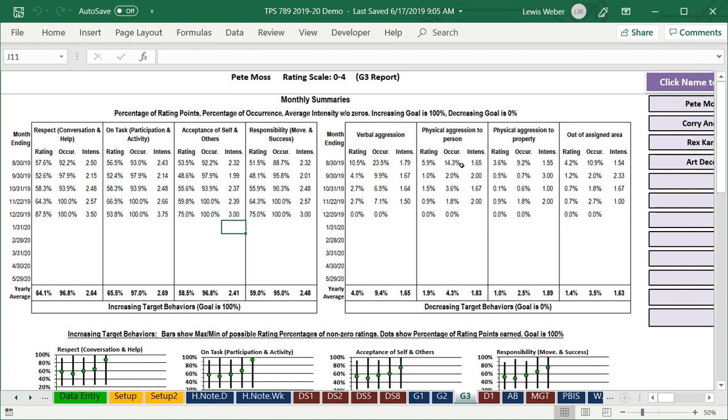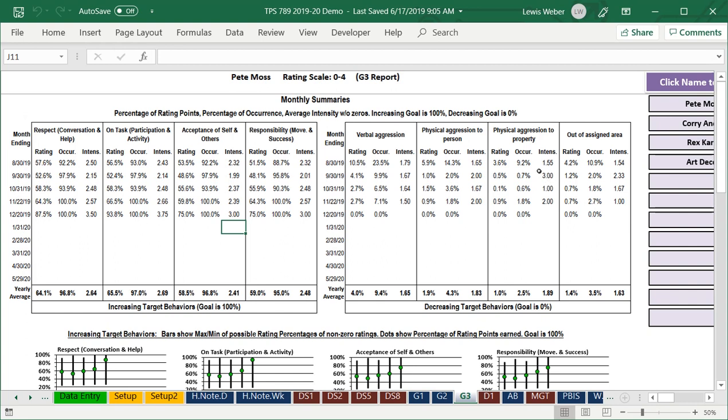However, the question is, and the one that's answered by intensity, when the student is aggressive, how intense is the aggression? So by stripping out the zeros and only looking at the non-zero values, we can see that the student's intensity level was a 2 on the 4-point scale for physical aggression to persons, and here it actually went up to a 3 on the 4-point scale.